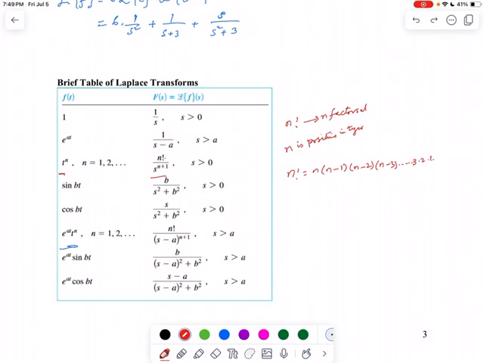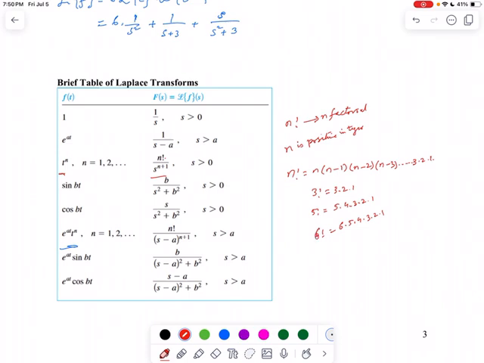So we do not multiply by 0, we stop at 1. So 3 factorial is 3 times 2 times 1. 5 factorial is 5 times 4 times 3 times 2 times 1. And similarly 6 factorial is 6 times 5 times 4 times 3 times 2 times 1. Every factorial stops at 1.